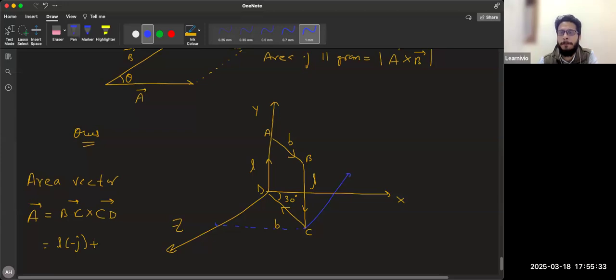Simple resolution of vector. Yeah, this is side CD, right? Yes. This is making some angle, 30 degree, with X axis. You have to resolve this side along positive X axis and Z axis.